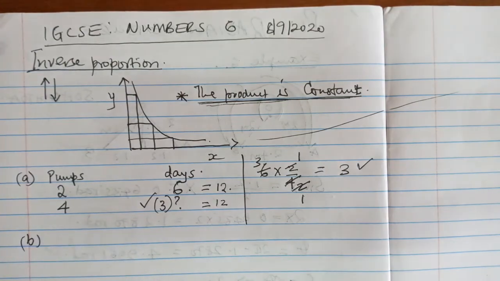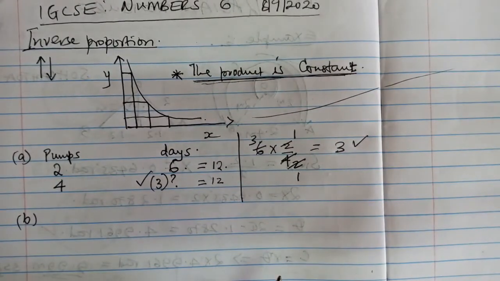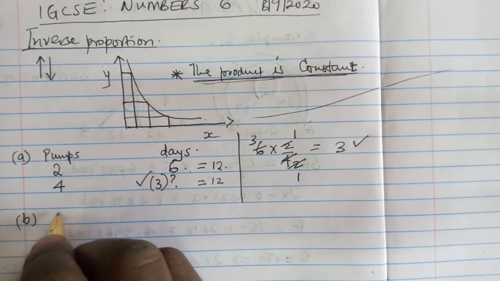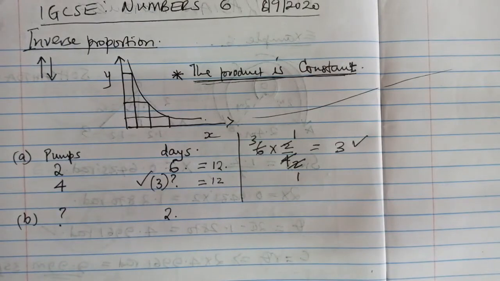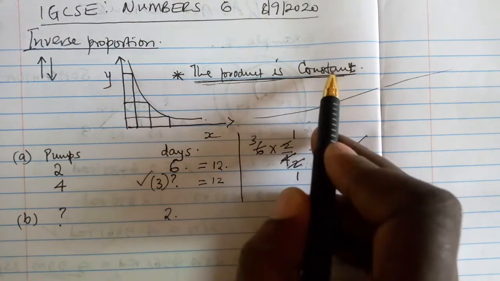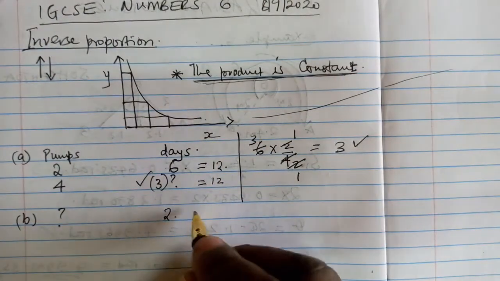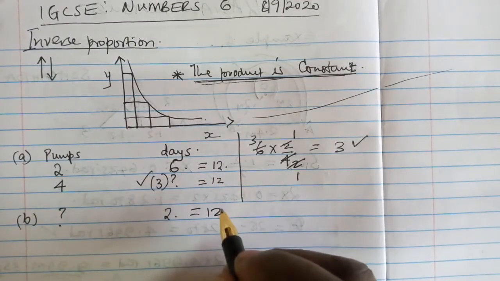Let's look at part B of the same question. How many pumps are needed to do the job in 2 days? Do you know something? The product is a constant. So it should give us 12 because the product is always 12.